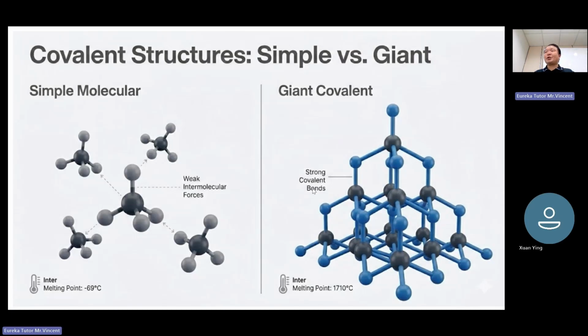And then giant structures like diamond have strong covalent bonds, key point, and they have a high melting point. This is just one example for you. One is very high, 1710 degrees, and this is minus 69, low. So I repeat again, simple molecules have low melting points and giant covalent have high melting points. The force in between is the weak intermolecular force and the strong covalent bond.